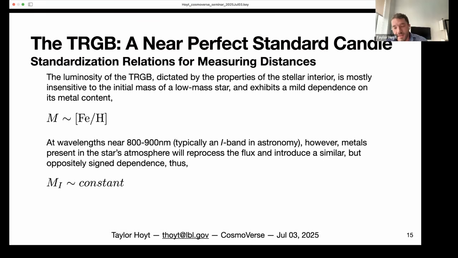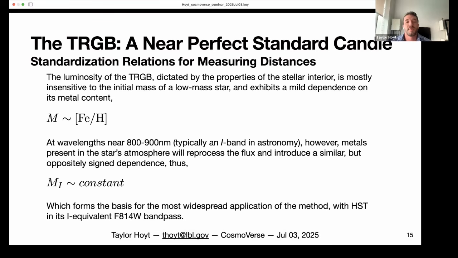And thus, when observed in this I band around 800 nanometers, the TRGB is almost perfectly a constant luminosity. This is the basis for the most widespread application of the method with HST.